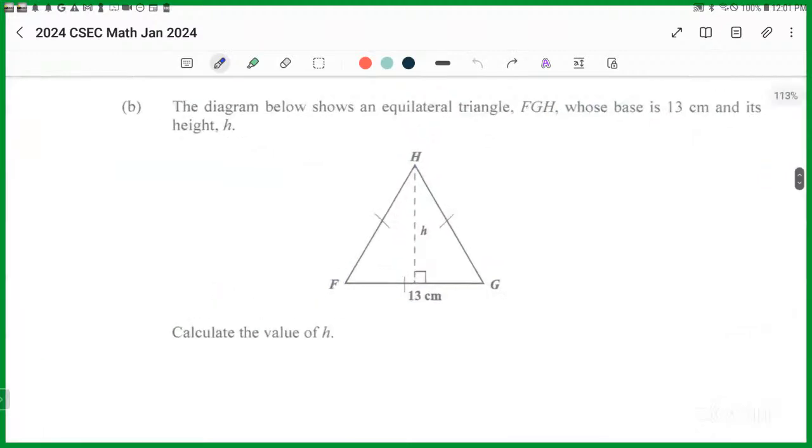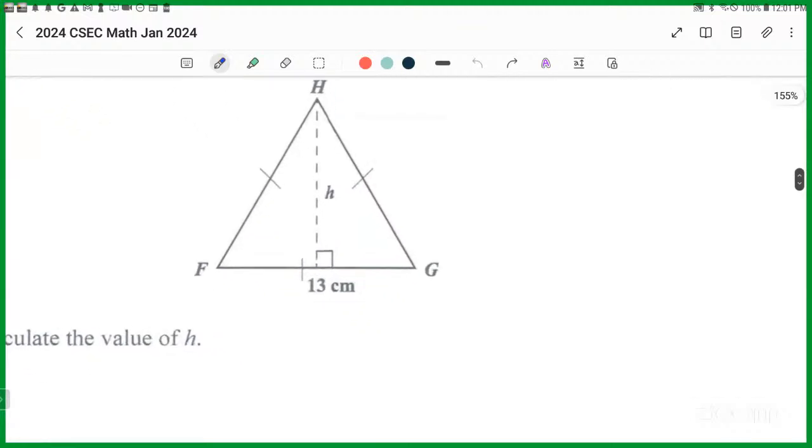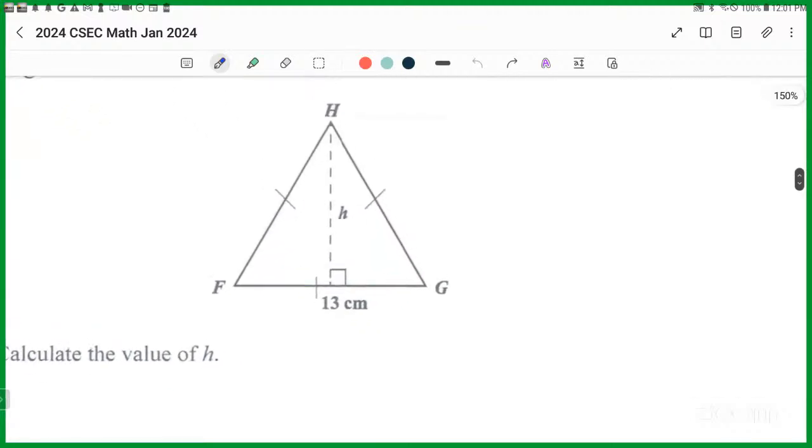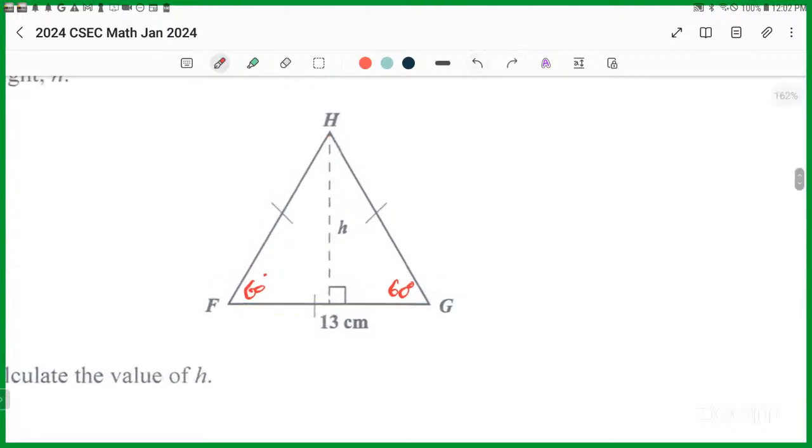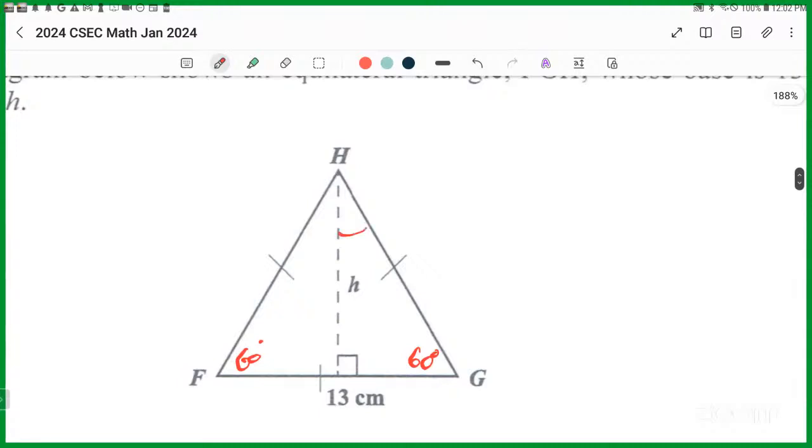So if it's an equilateral triangle, right, there are a number of things that it means in this triangle. The three sides are equal and the three angles are equal. So this angle here is 60 degrees, this is 60 degrees, and up here 60 degrees. Now, if this is the perpendicular height, then this line divides this angle into 30 and 30. So this side of it is 30 degrees, and this is 30 degrees.